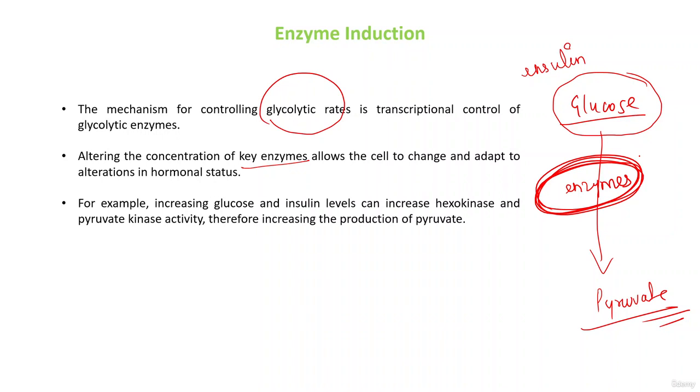It will increase the level of the enzymes hexokinase and pyruvate kinase activity, therefore increasing the production of pyruvate. So this is how we achieve the regulation of glycolytic rate by controlling the glycolytic enzymes.